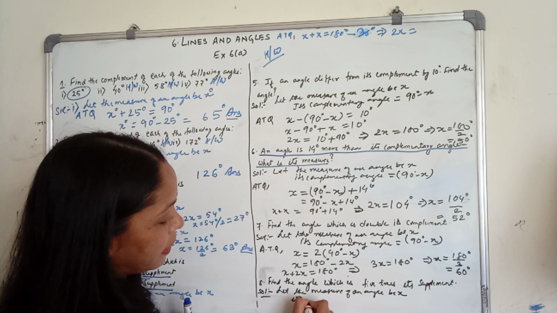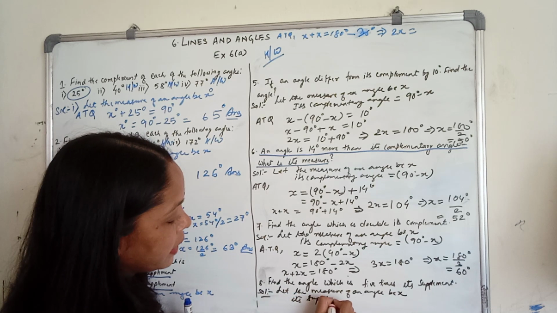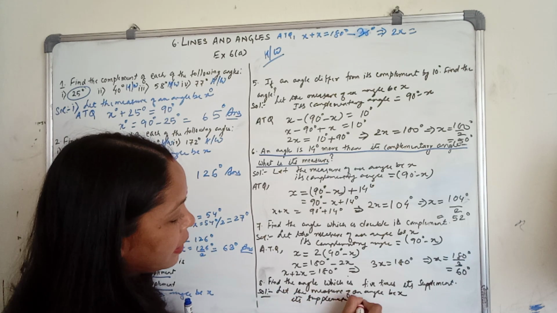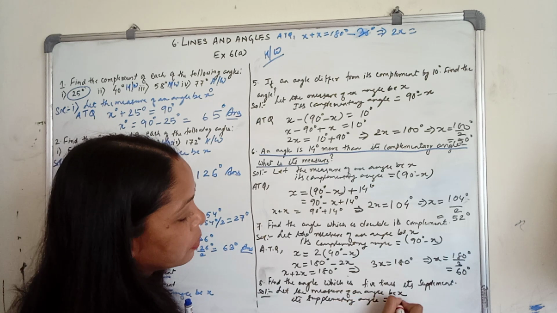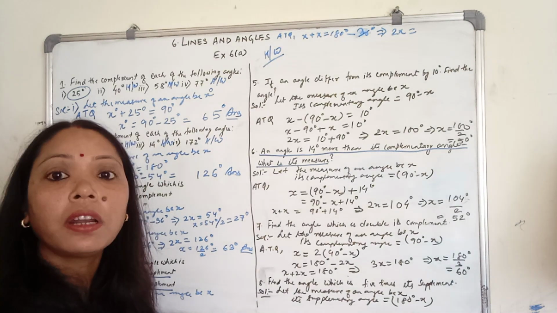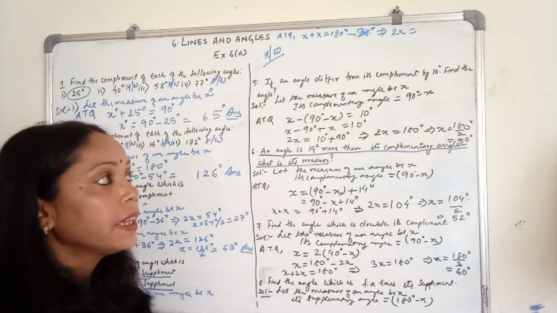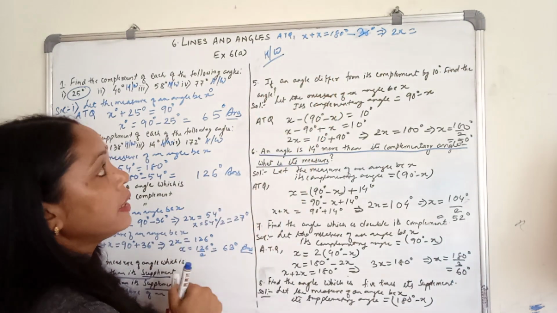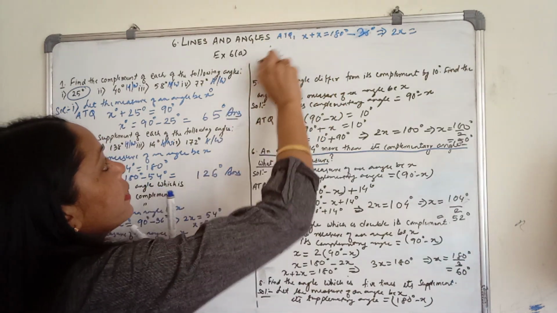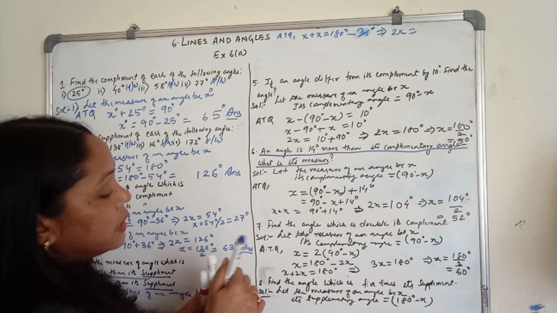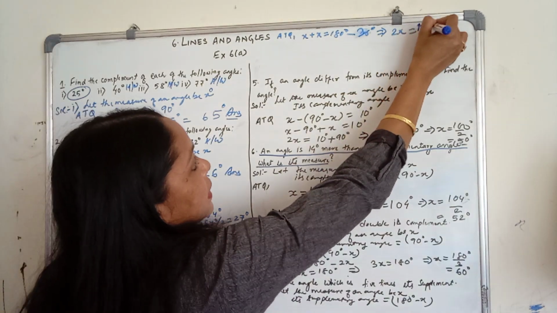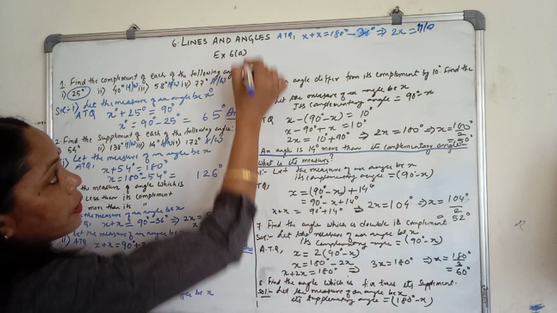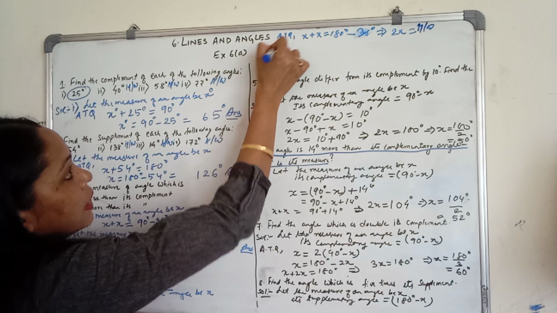So its supplementary angle is equal to 180 degrees minus x. Now it is 180 degrees minus x. After that, I am writing here, in the homework portion. So, according to the question.